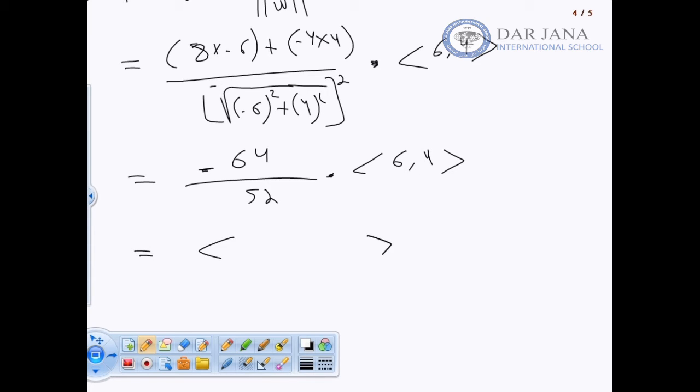Now multiply 6 times 64, negative 96 over 13. A simple calculation, do it on the calculator. Negative 64 over 13.